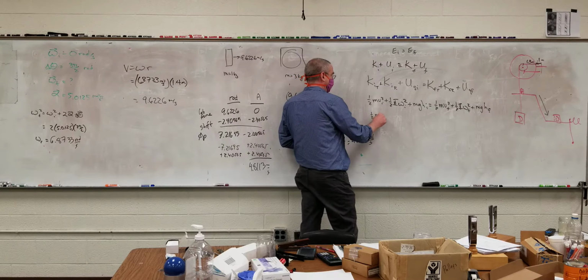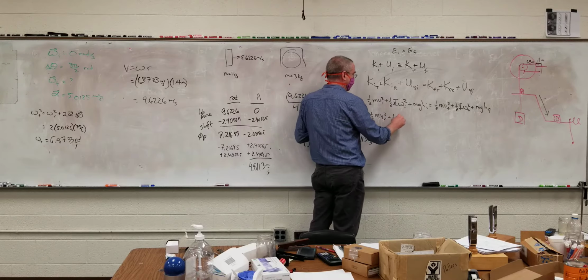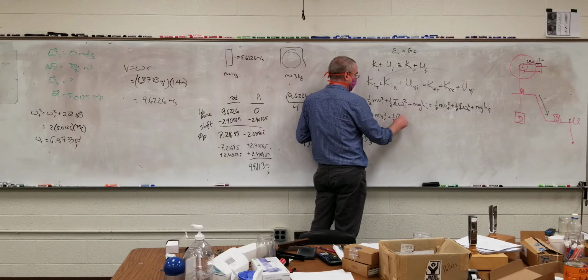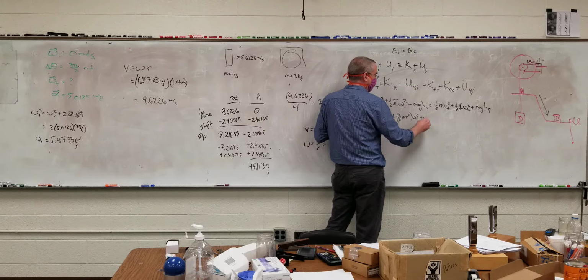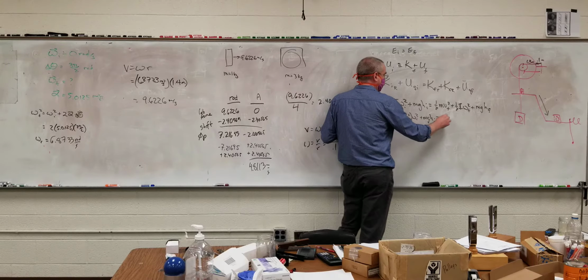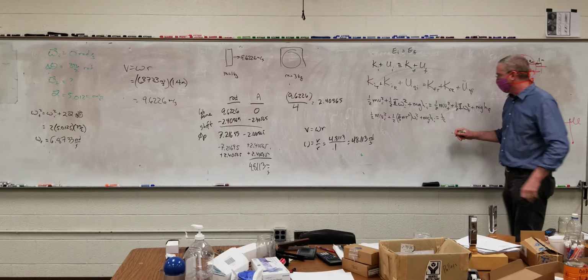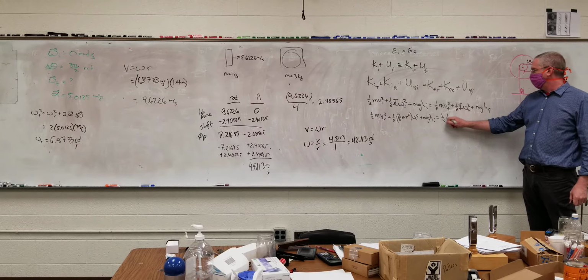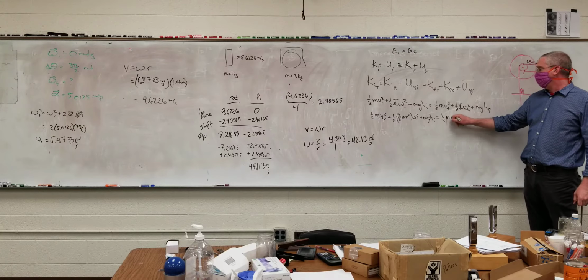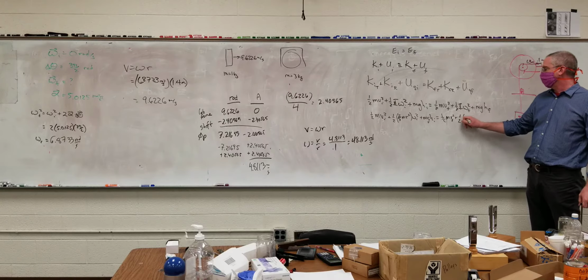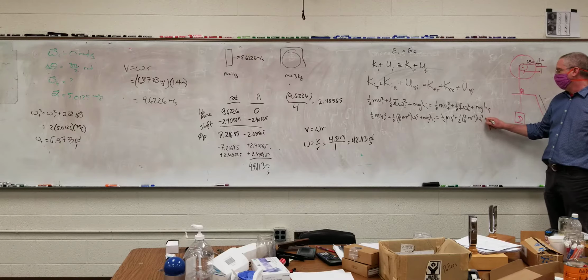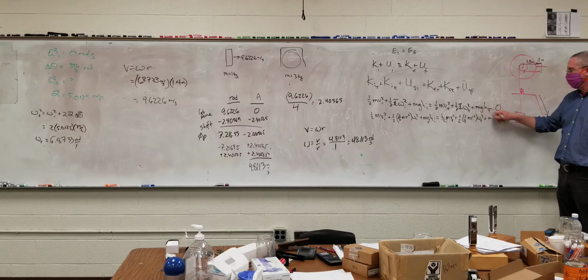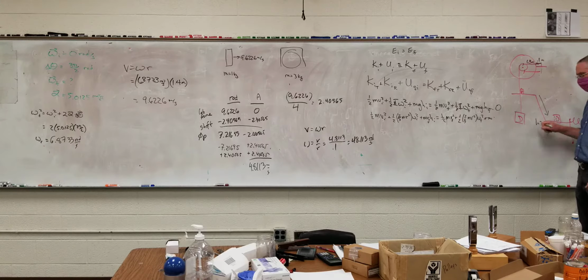I have 1/2 m v initial squared plus 1/2 times 2/3 m r squared omega initial squared plus m g h initial equals, and then the same over here, except I have a subscript f now: 1/2 m v final squared plus 1/2 times 2/3 m r squared omega final squared plus m g h final. And you know what? I'm just going to make that 0 because I say so.